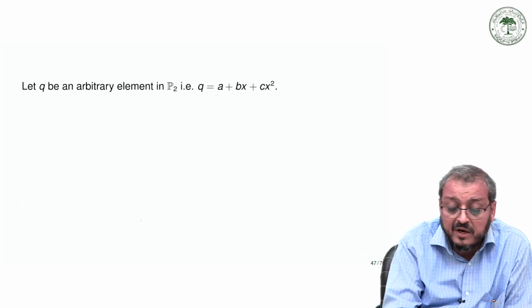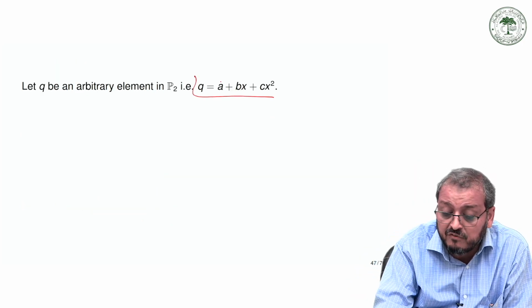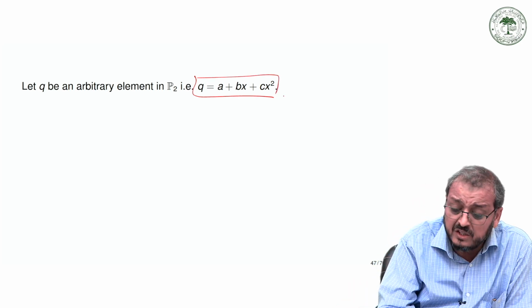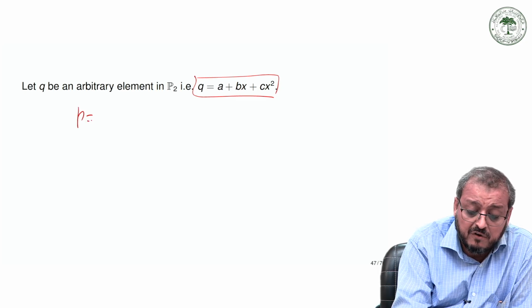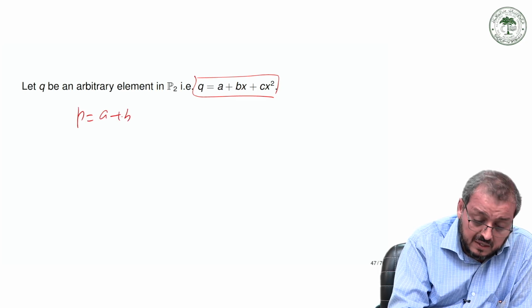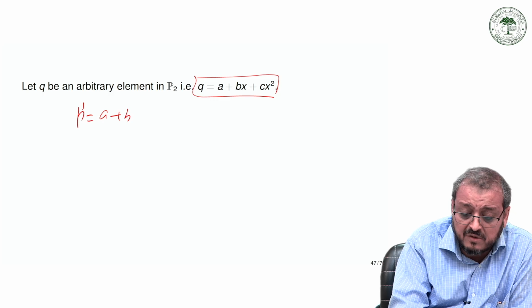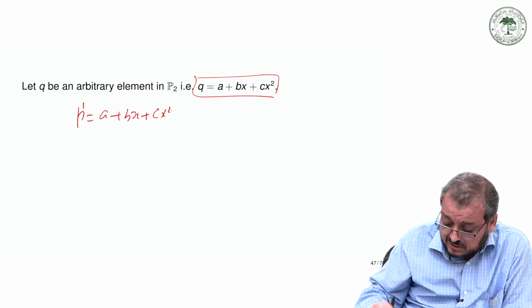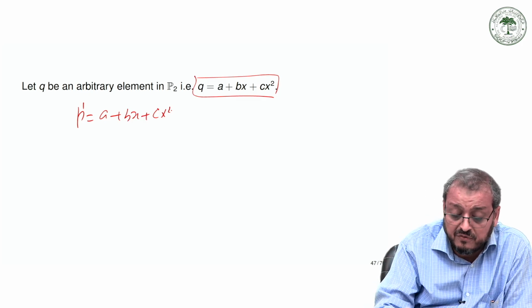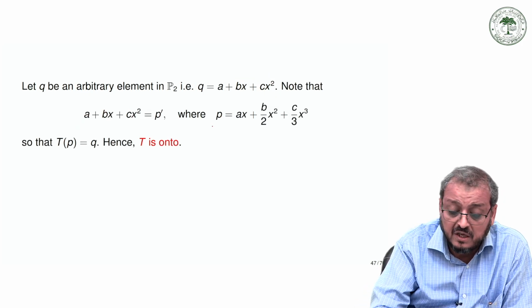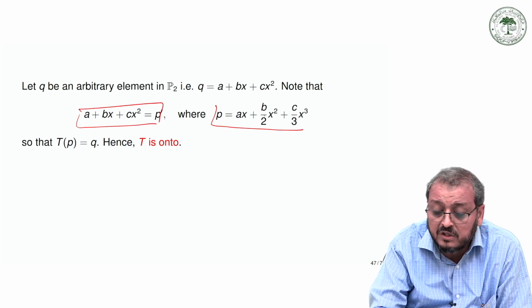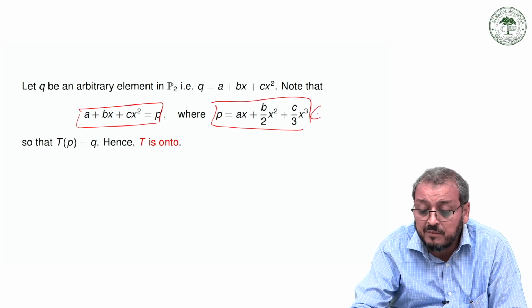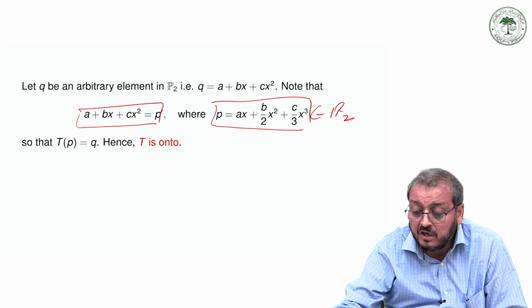So let Q be an arbitrary element of P2, and assume it is of this form. Now we take a P in the form of a plus b x plus c x square, and take its derivative. So we assume this is P prime, and this is clearly an element of P3.